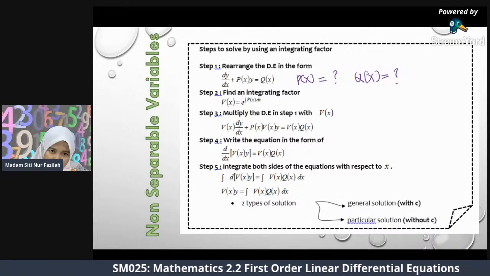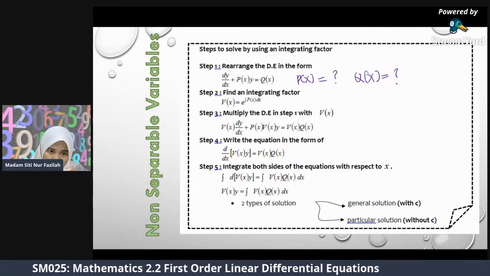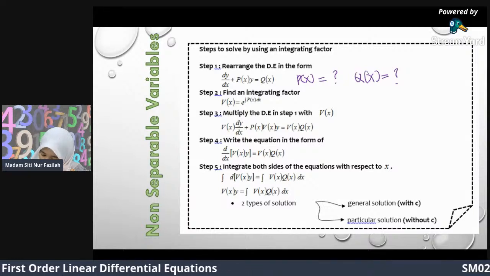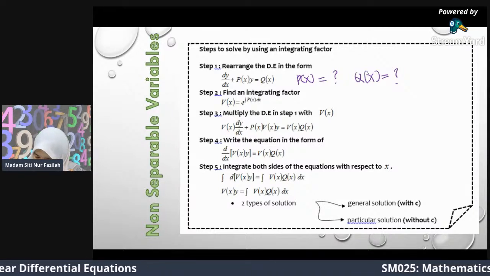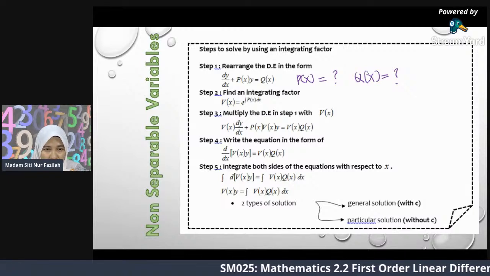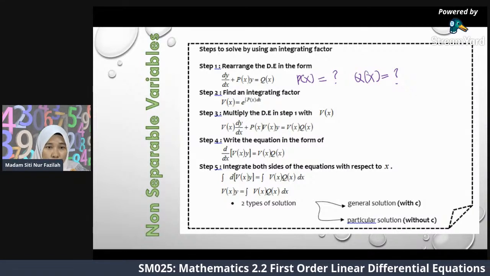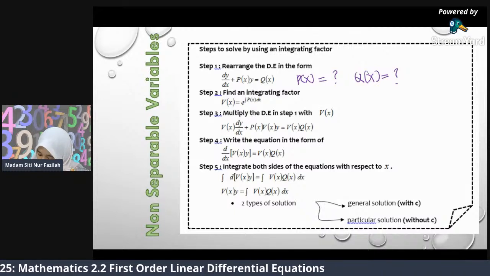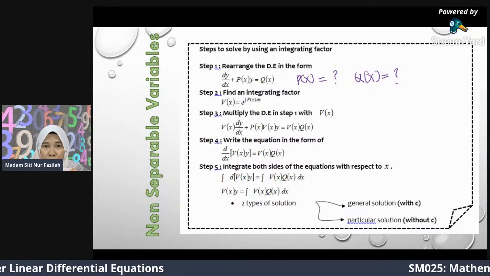And then for step 4, write the equation in the form d over dx of V(x)y equal to V(x)Q(x), function V(x) multiplied with function Q(x).